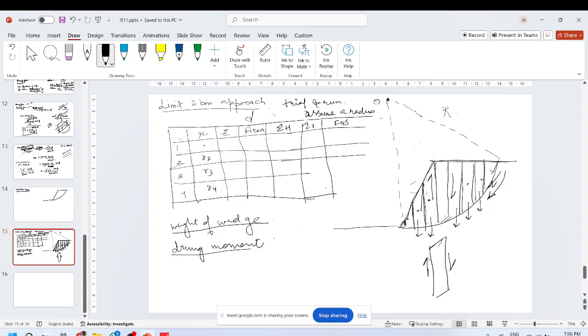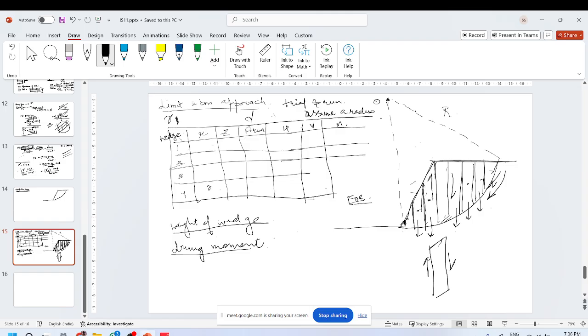These were the wedges. So let's say for R1 I'm trying this. I'll calculate the horizontal forces on the wedges, I'll calculate the vertical forces, I'll calculate the moment, and then I will calculate the factor of safety.